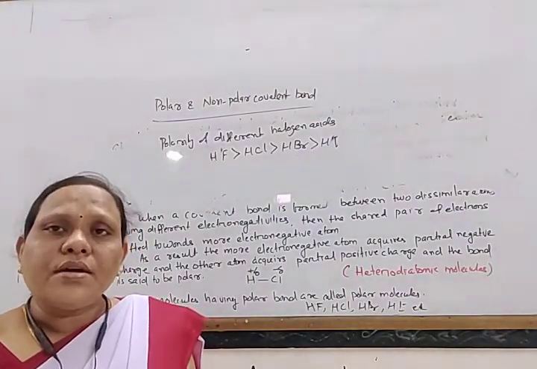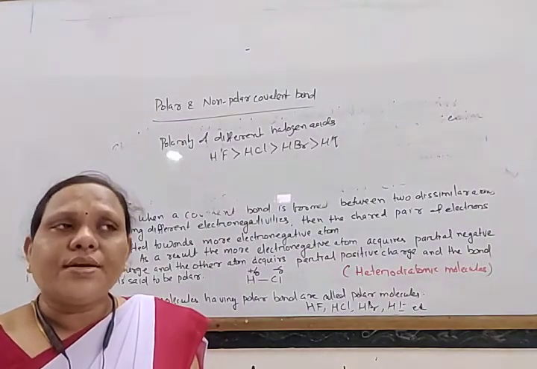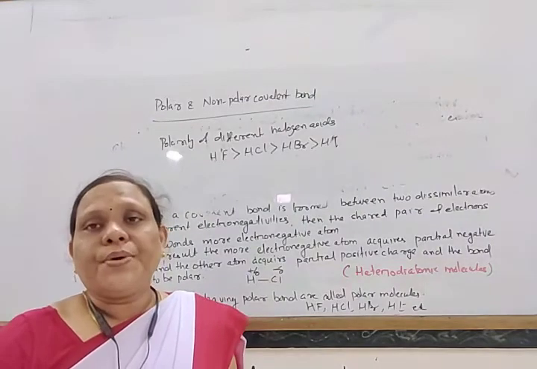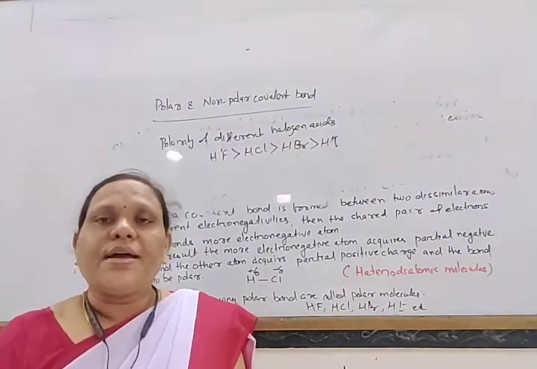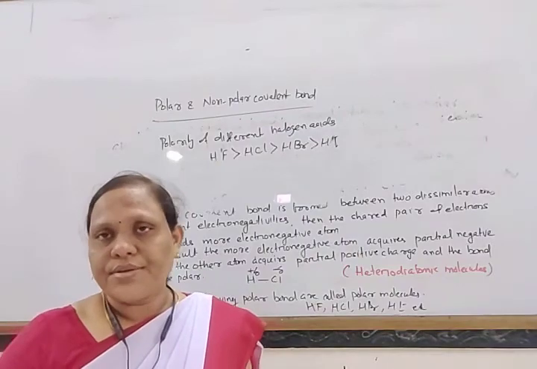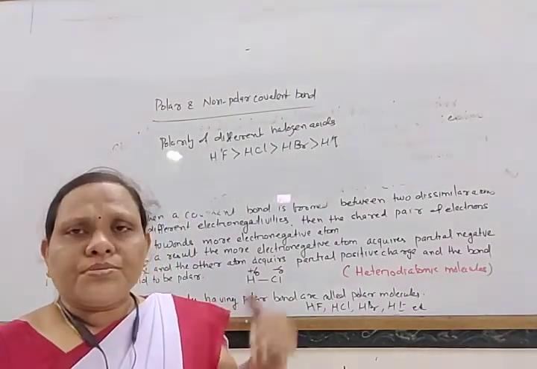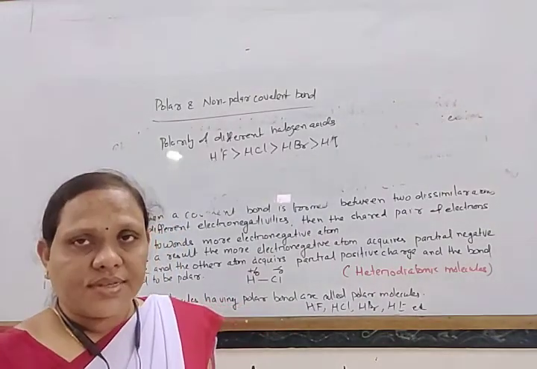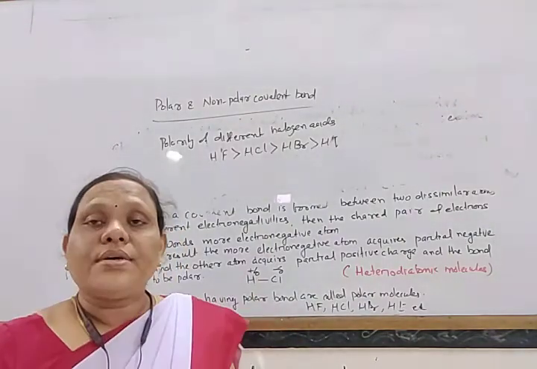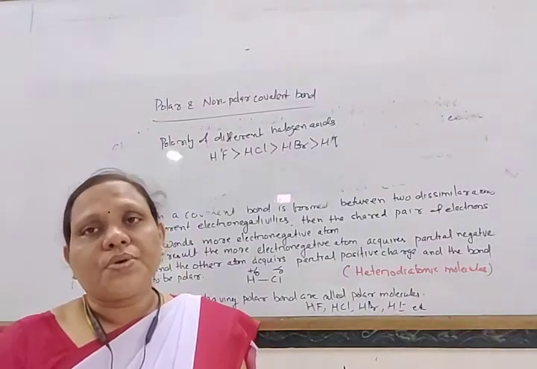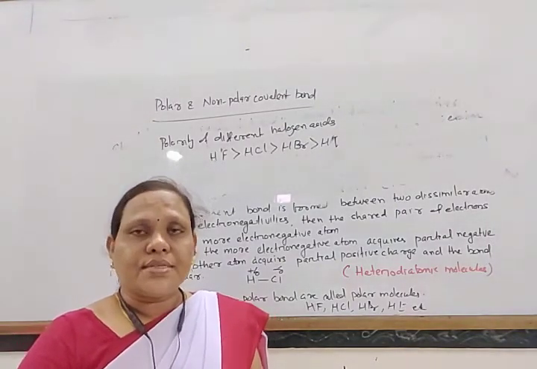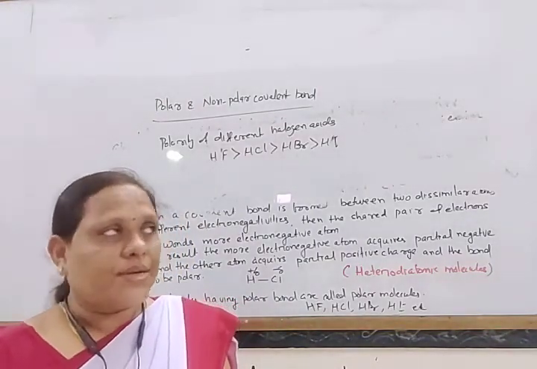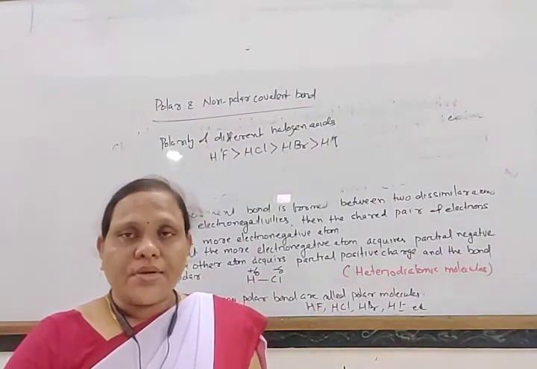That we will discuss later, when we go through VSEPR theory, the structure of molecules and dipole moment. After studying that, we will know whether a polyatomic molecule is polar or non-polar. Next, come to another portion.